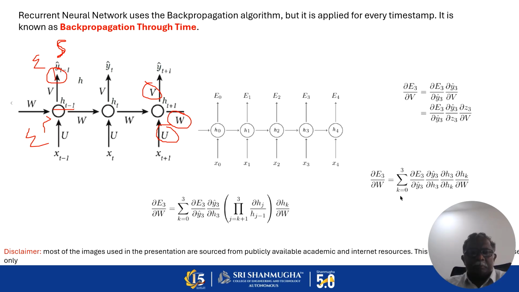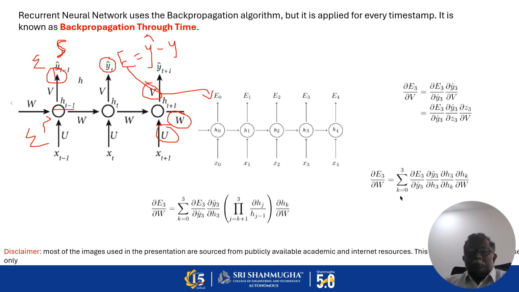Once again we apply summation and activation. Here y hat is the predicted value, and based on this we will calculate the error. The error is between y hat, the predicted one, and the true, actual one. This is represented here as E0, E1, E2 and so on.